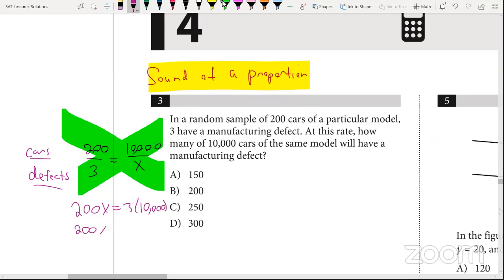Multiply the 3 times 10,000, 200x equals 30,000. And now we're dividing both sides by 200. 30,000 divided by 200 is 150. So the answer to number 3 is going to be A, 150.